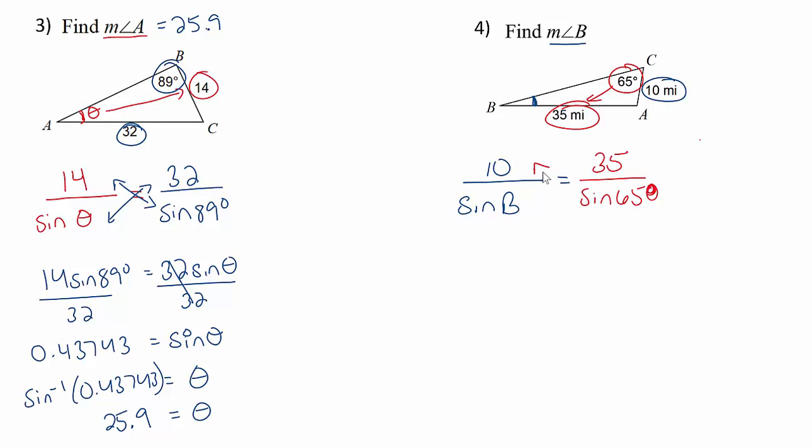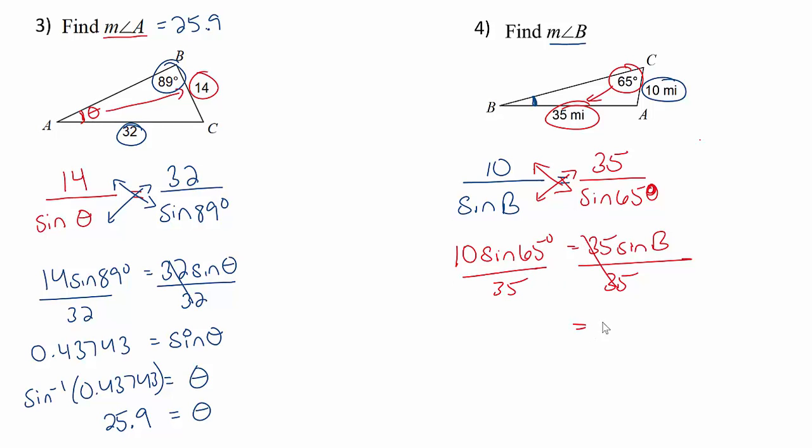Okay, and now I need to solve. So cross multiply gives me 10 times sine of 65 degrees. Cross multiply here gives me 35 times the sine of B. Again, I want to find B, but I've got to get sine of B by itself first. So I'm going to divide by 35. And I'm going to do all this math in my calculator. That's going to give me the sine of B is actually equal to 0.258945 and a few other digits.